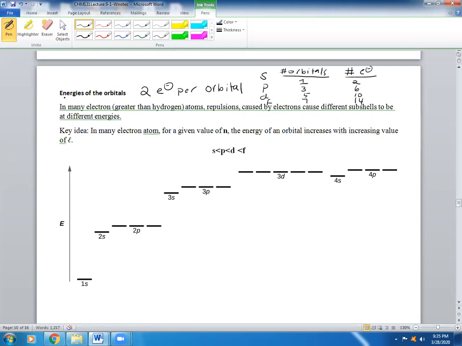Now, when it comes to the energies of the orbitals, remember you have energy levels. So you have the first energy level, the ground state, second energy level, the third energy level. You can think of those as floors in a building, and you can think of the orbitals as rooms.